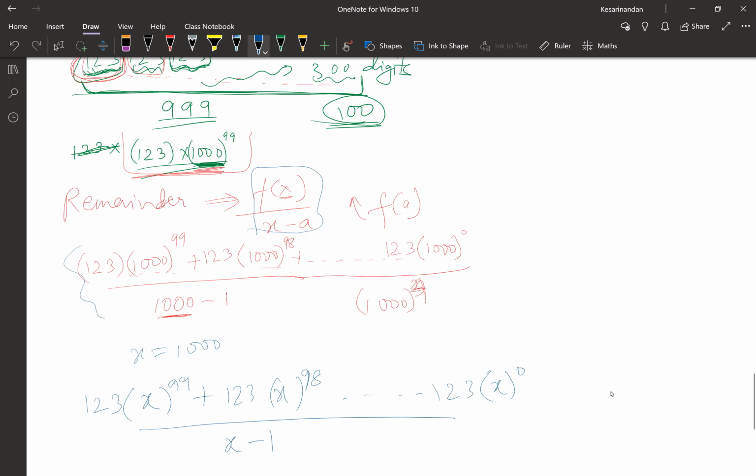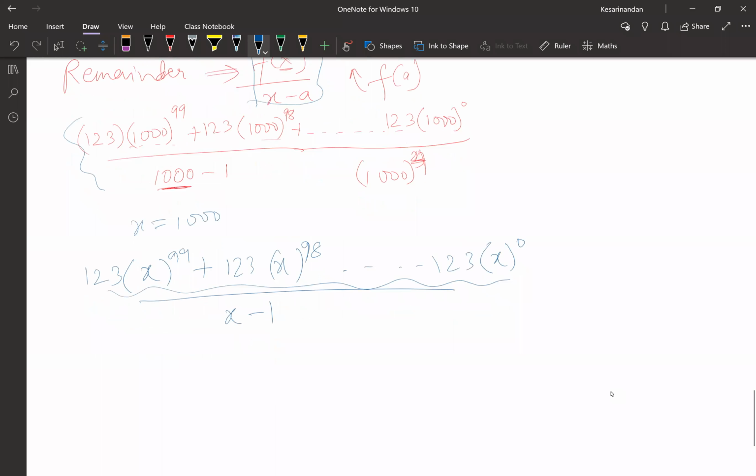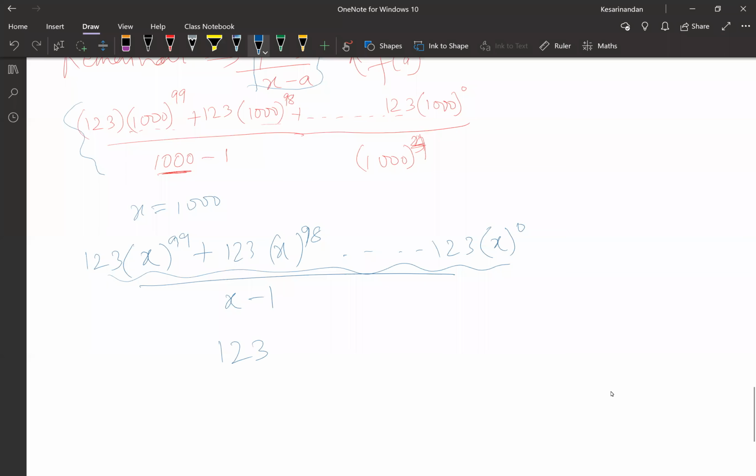Is it 123 into 100? Yes, it is 123 into 100 because 123 will come 100 times. But our divisor is smaller than this number, 999. So we will have to divide it again.